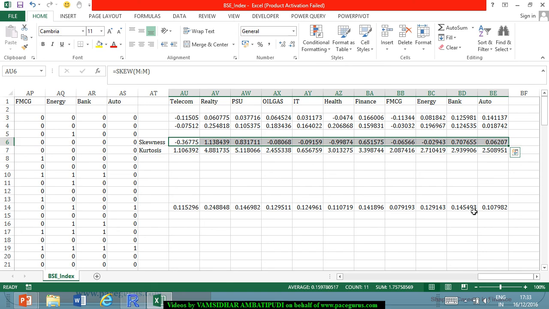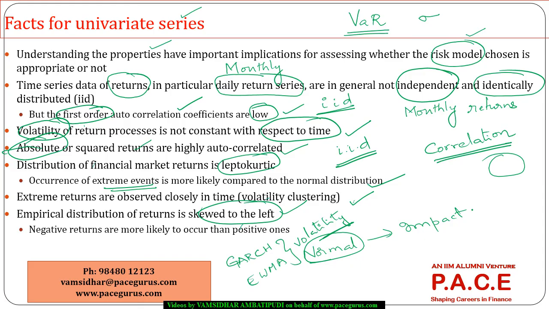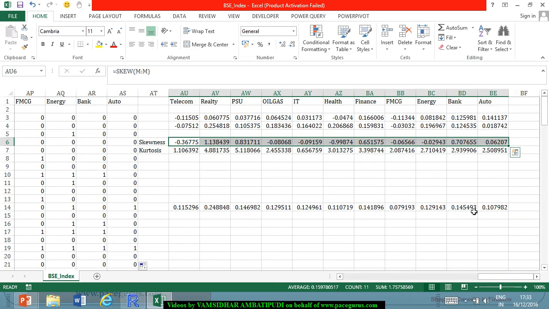But that's the general tendency, that the skewness is very much negative, which indicates that the negative returns are more likely compared to the positive ones. So these are some of the important aspects we need to understand regarding the univariate time series data, and we have very well observed those things when we took the Excel data.